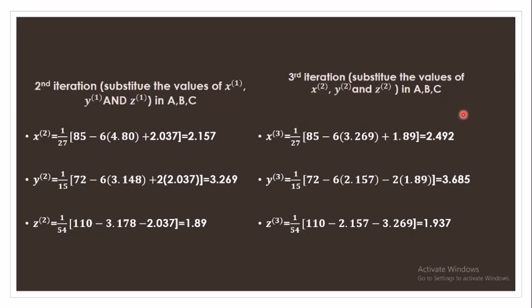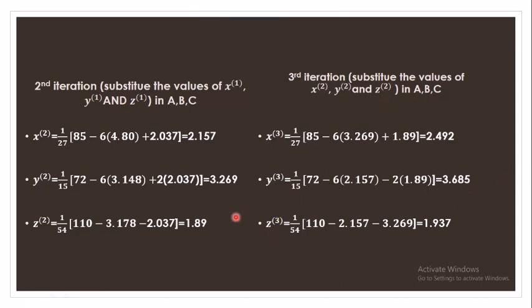Now you will be wondering when you will stop this iteration. See, in the second iteration you got the value 2.157 for x, and in the third iteration it is 2.492. These two numbers are a bit different. Also y2 and z2 are different.